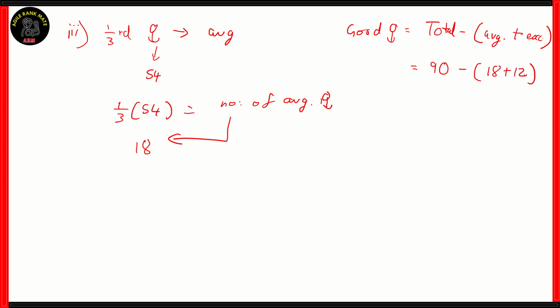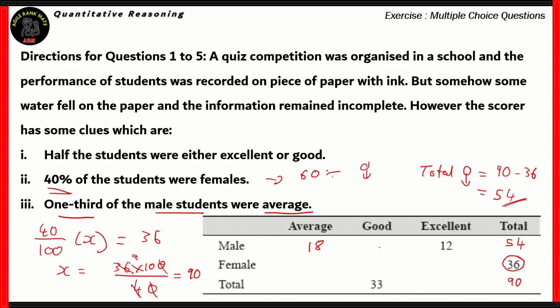It's not 90 here, because we're looking at total males, so that would be 54. So 54 minus, in brackets you have 18 plus 12. So 54 minus 30, which is the sum of 18 and 12, will give you 24. The number of good male students is 24.